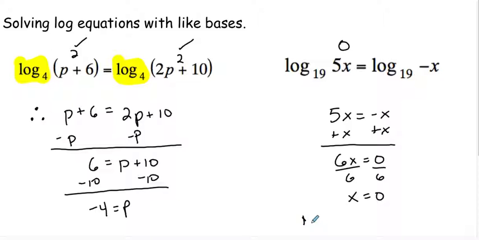So this actually has no solution because this solution creates a situation in which I have a log that I cannot take. Okay, so you need to be a little careful with your arguments when you're solving log equations.